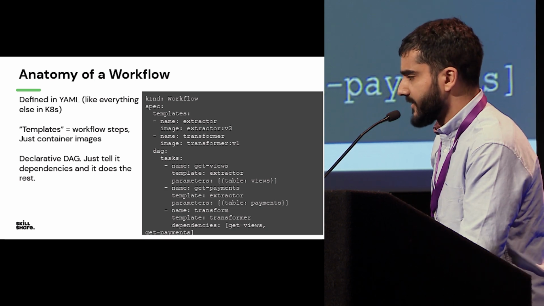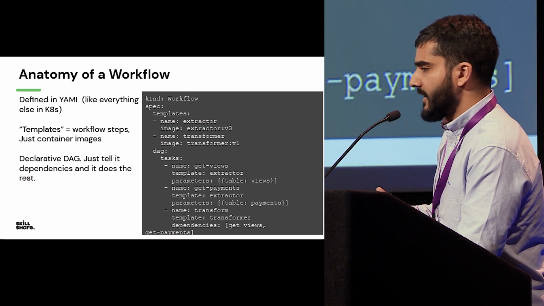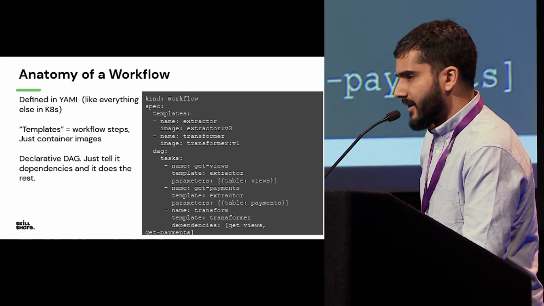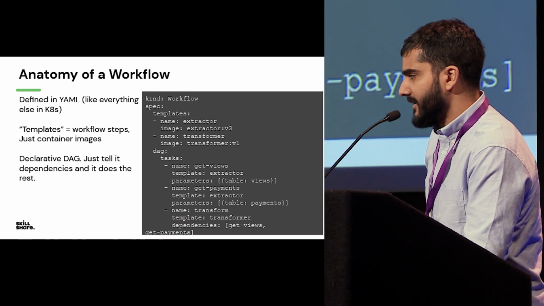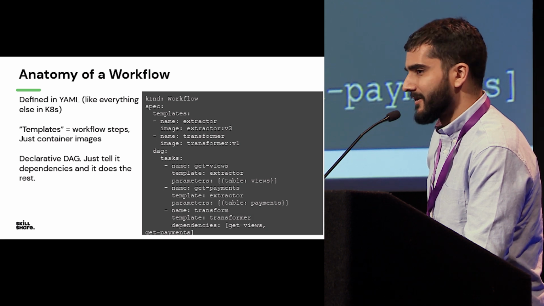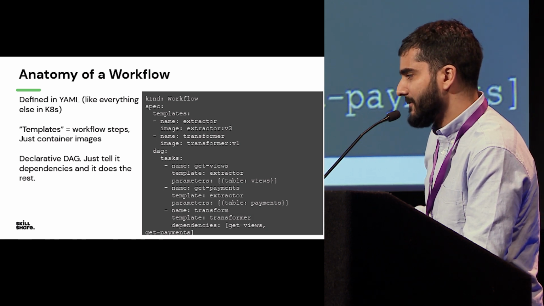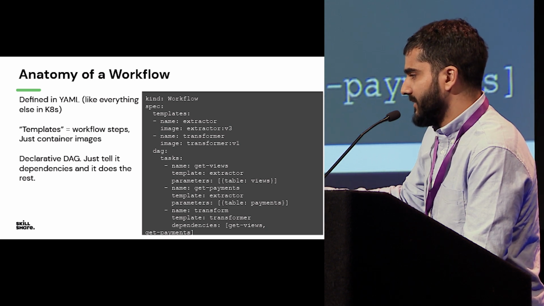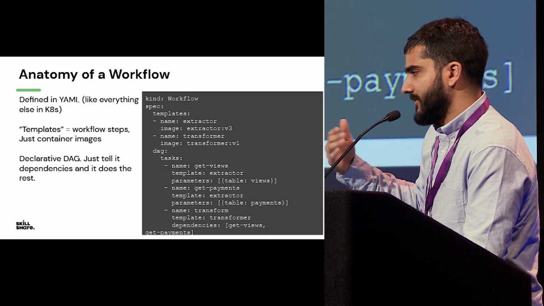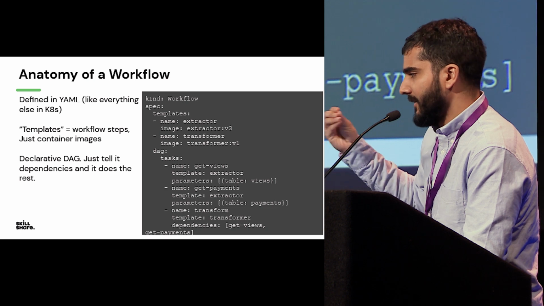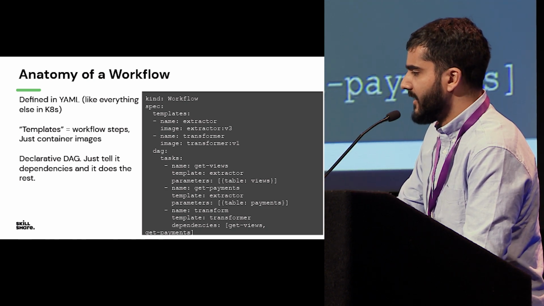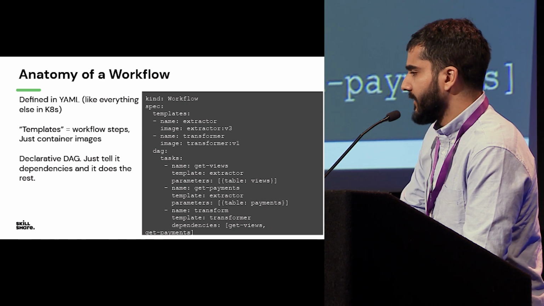So here's an example of what an Argo workflow looks like. The first thing you'll notice is that it's defined in YAML, just like every other Kubernetes resource. Depending on how you feel, that can either be a positive or a negative thing. For me, it's positive because it basically means the workflow is declarative. There's no imperative execution of steps in the same way that you would have with a DAG written in Python.